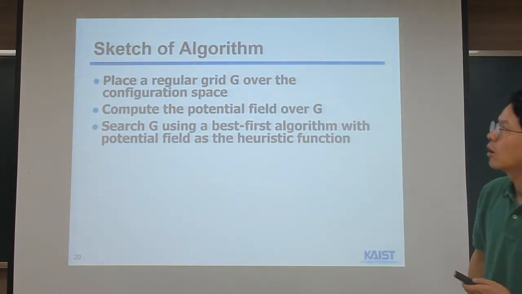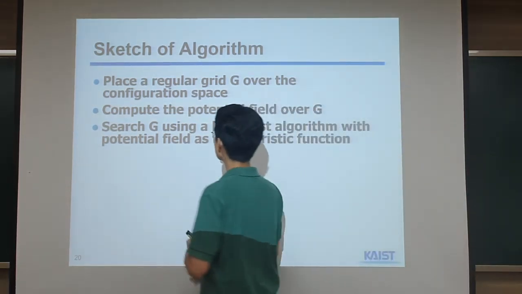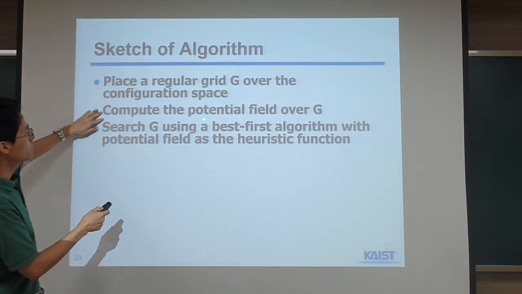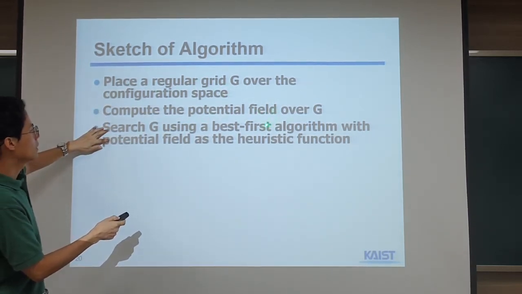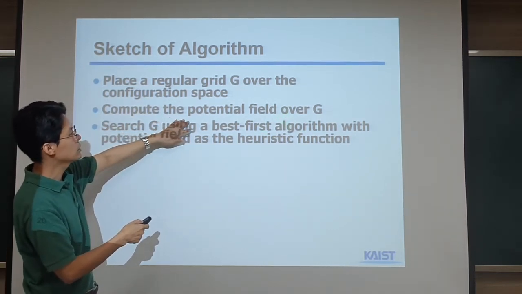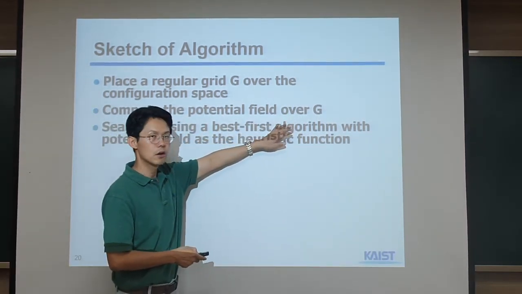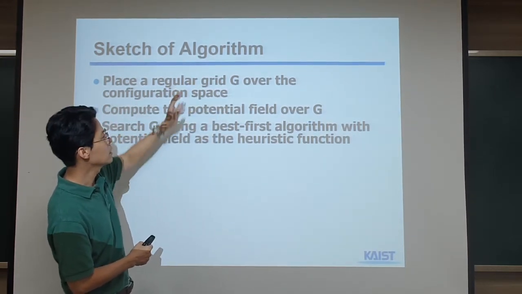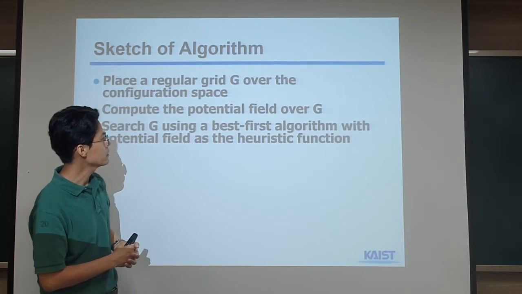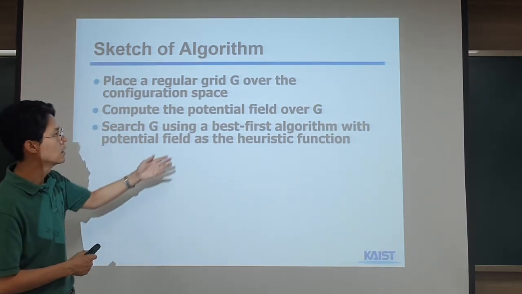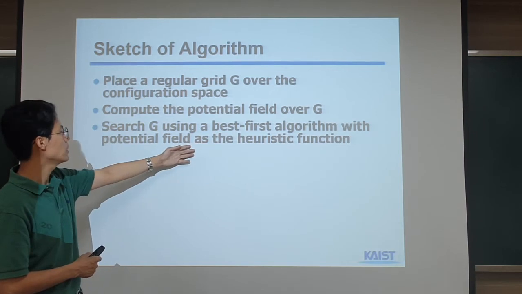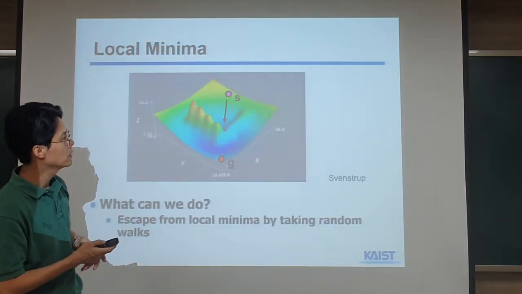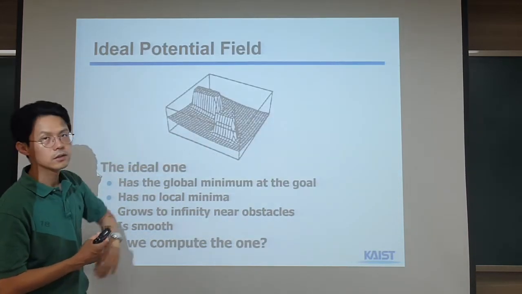I'd like to give an overview of this potential field algorithm. Given the regular grid on the configuration space, you first compute the potential field on the grid, and then based on that potential field, you can run best-first search or some other techniques by treating this grid as some sort of graph, right?